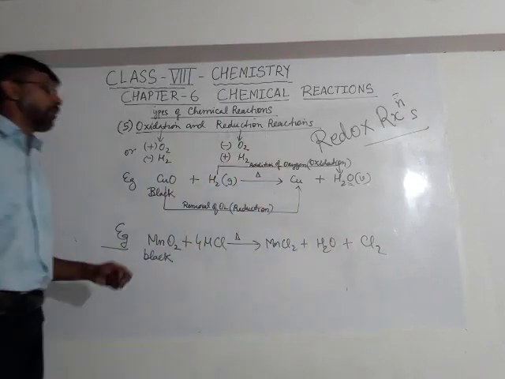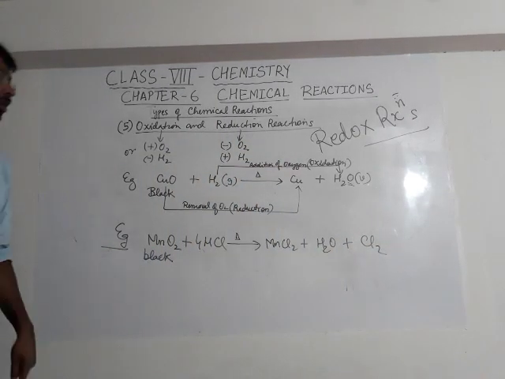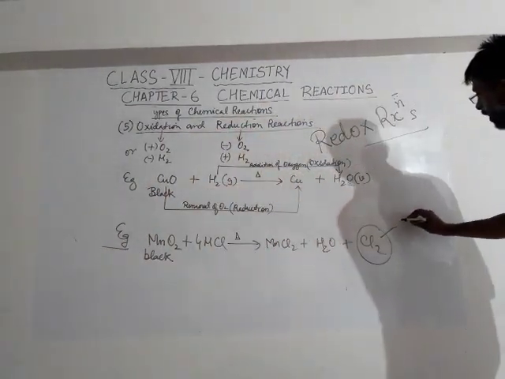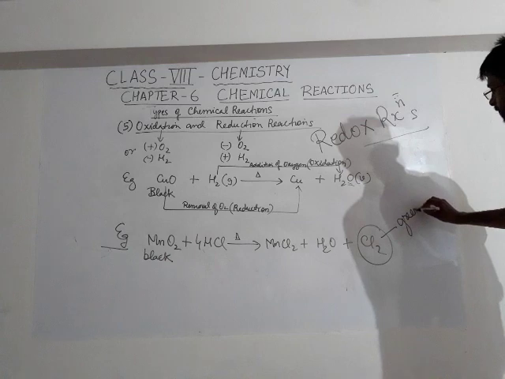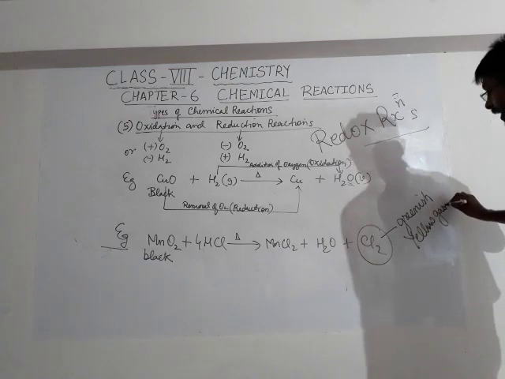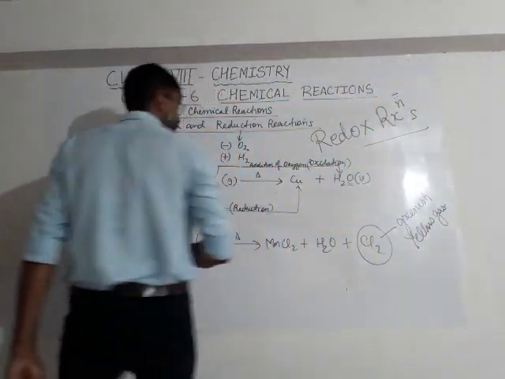Have a look at this. It is a wonderful reaction. A gas is formed, which is called chlorine gas, and this is a greenish yellow gas.